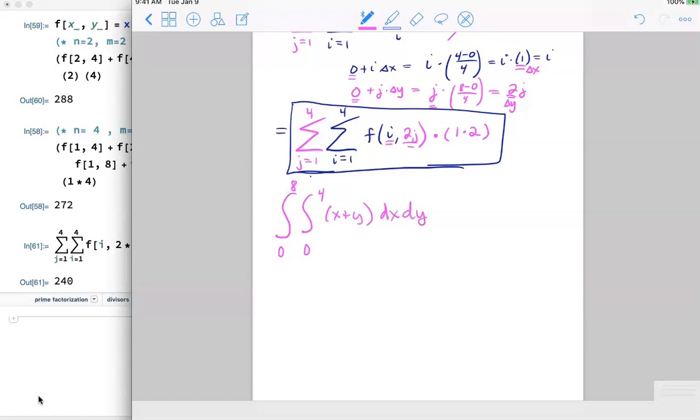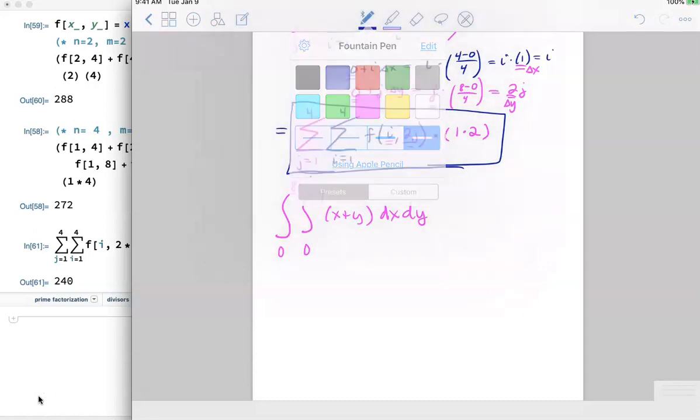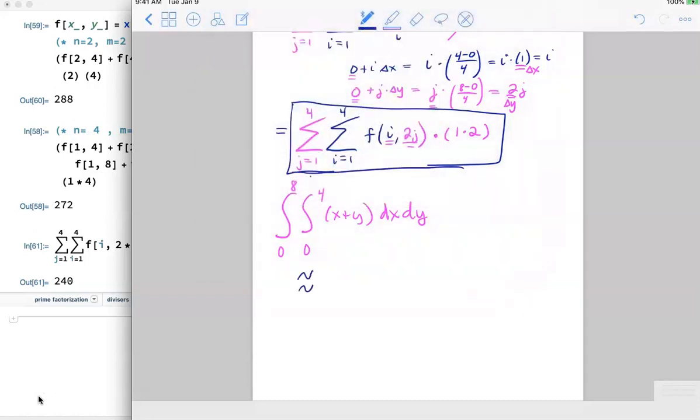We were trying to approximate that as a Riemann sum, and we decided that when we split the interval into four pieces, delta x, which is b minus a divided by 4, came out to be equal to 1, and delta y, 8 minus 0 also split into four pieces, came out to be equal to 2.